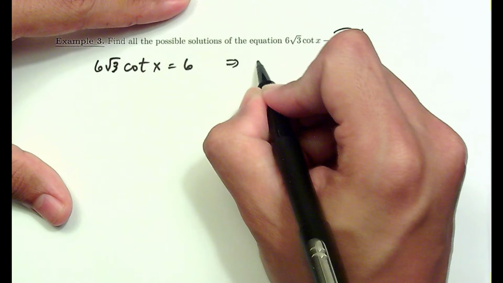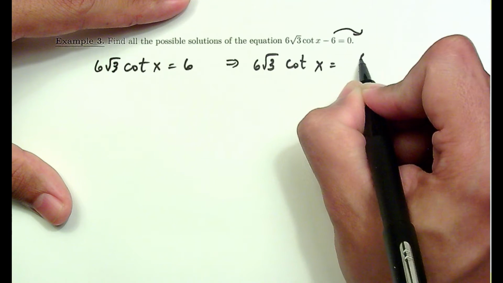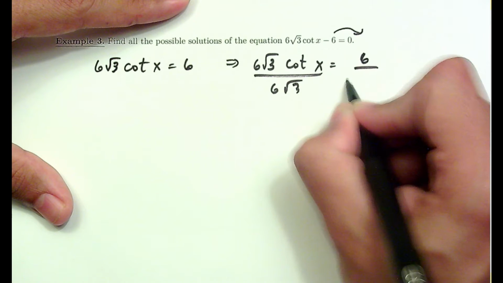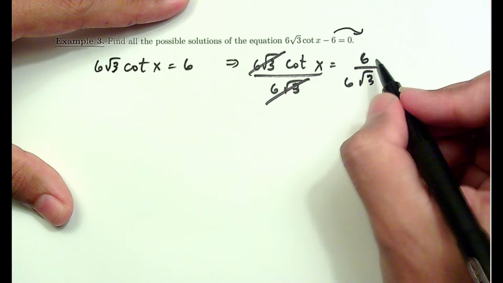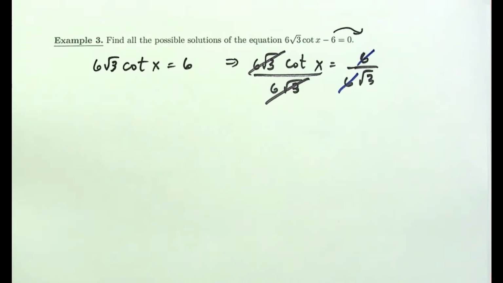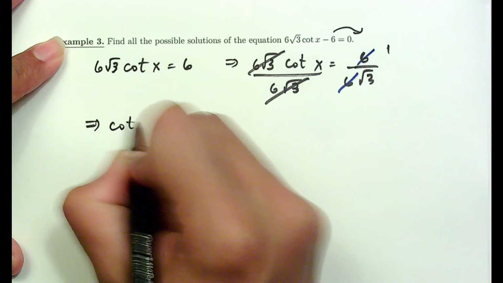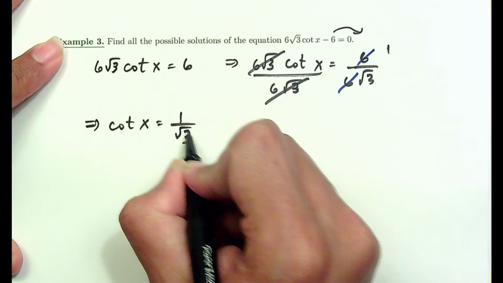So we divide both sides by that. So that goes away on this side, and we have this. We can cancel those 6's. So we would have cotangent of x equals 1 over square root of 3.